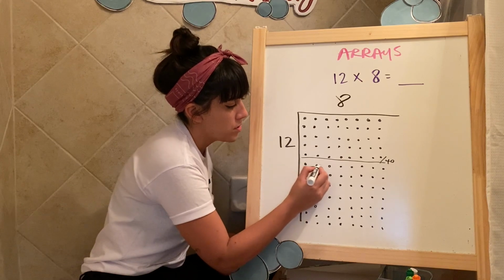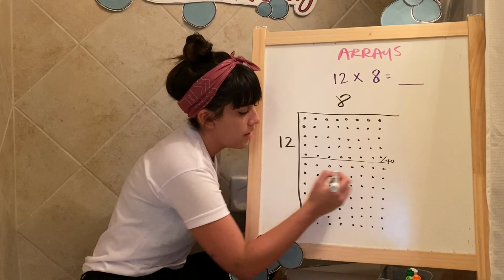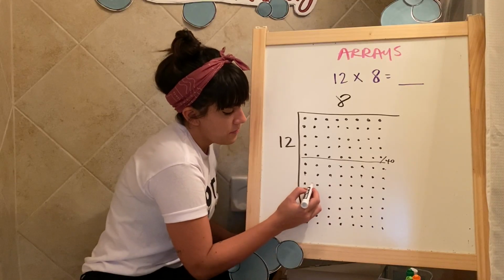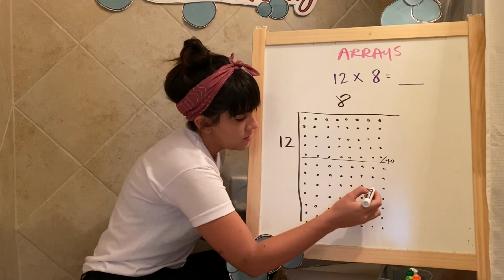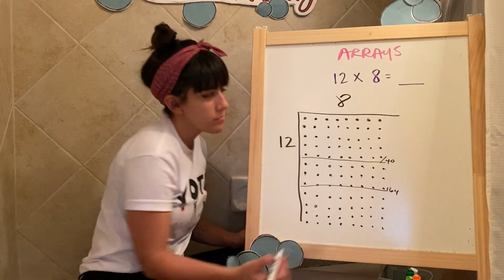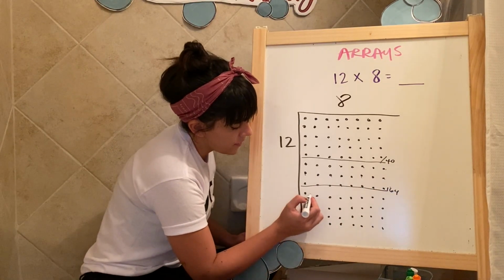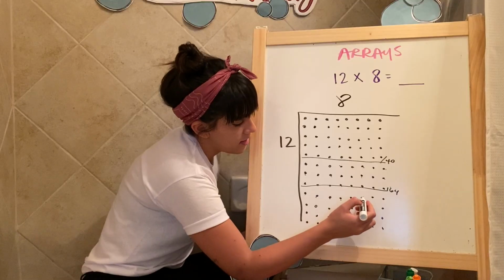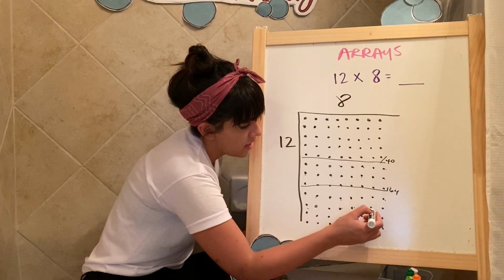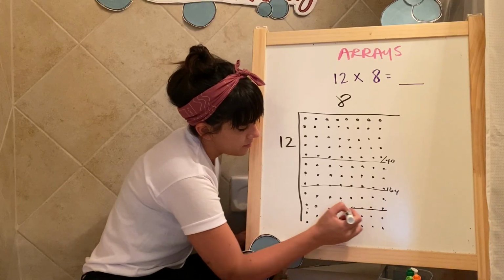Okay. 41, 42, 43, 44, 45, 46, 47, 48, 49, 50, 51, 52, 53, 54, 55, 56, 57, 58, 59, 60, 61, 62, 63, 64. I'm going to pause there because I'm running out of breath. 65, 66, 67, 68, 69, 70, 71, 72, 73, 74, 75, 76, 77, 78, 79, 80.